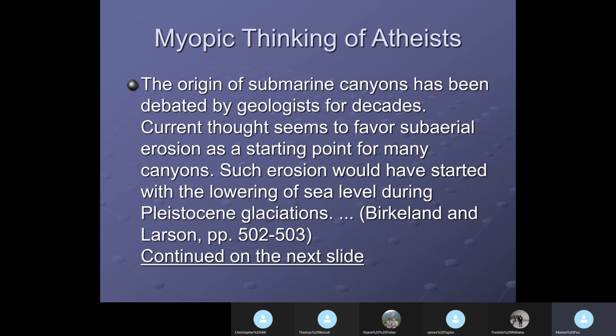Berkelin and Larson, and again, I cite these in the book, say the origin of submarine canyons has been debated by geologists for decades. Current thought seems to favor subaerial erosion as a starting point for many canyons. Such erosion would have started with the lowering of sea level during the Pleistocene glaciations. That was during the time of the glaciers, okay?